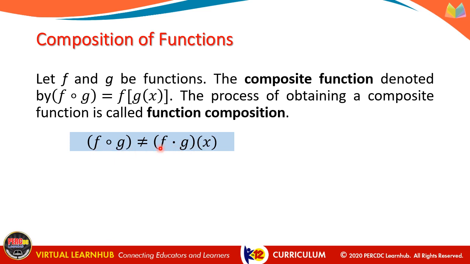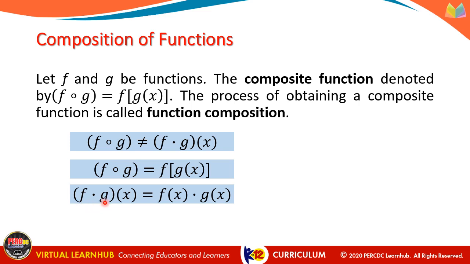They are two different things. F of g is equal to f of g of x, while f times g of x is equal to f of x times g of x. In composite function, we are using a small hollow circle, while in multiplication, we are using a small solid dot.